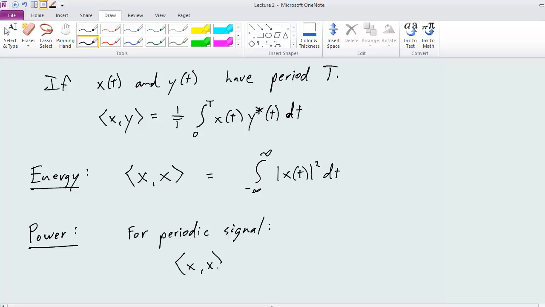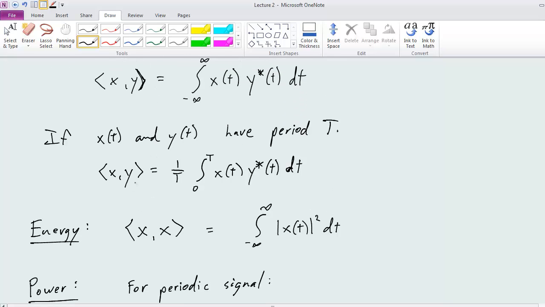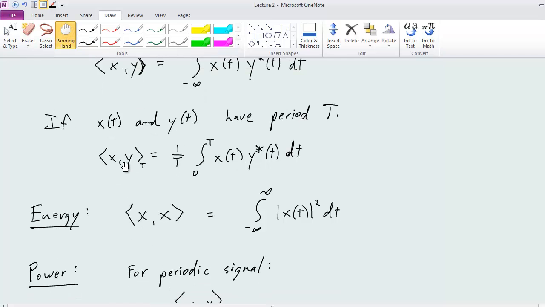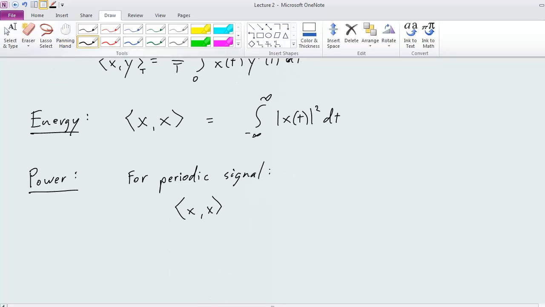I'm going to represent the inner product of periodic signals with a little t down here, so we know that's a different calculation. Okay. For periodic signals, we have the inner product with a sub t. And so the power then of a periodic signal is that inner product with itself. And that makes sense.